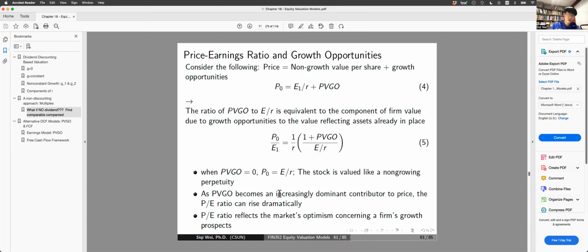Okay, so your textbook brings up another interpretation of the PE ratio. You can think of the price of the security as a summation of two things. One is the non-growth value per share of the company.